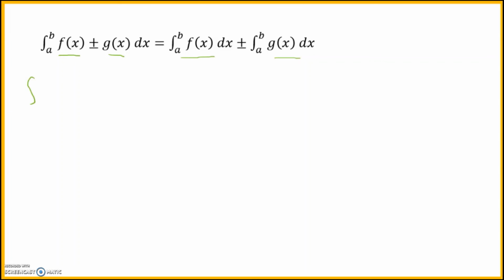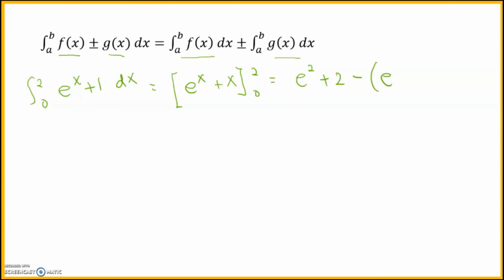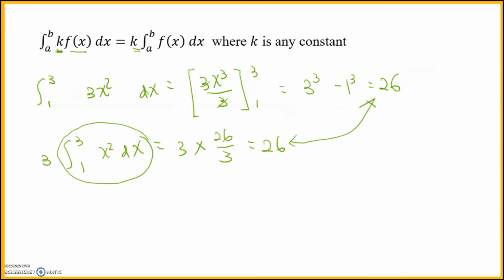So let's say, for example, to integrate e to the x plus 1 from 0 to 2, in this case I get e to the x plus x from 0 to 2, which is e to the 2 plus 2 minus e to the 0 plus 0, which will give us 8.3891.